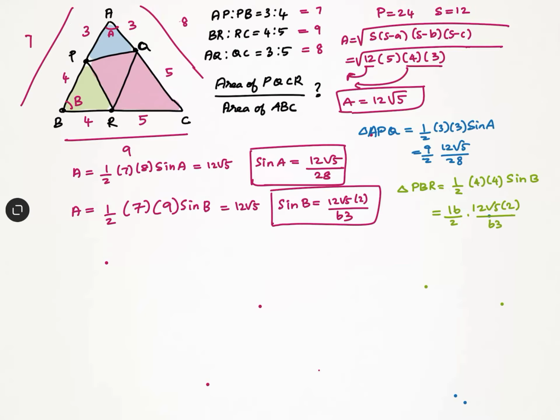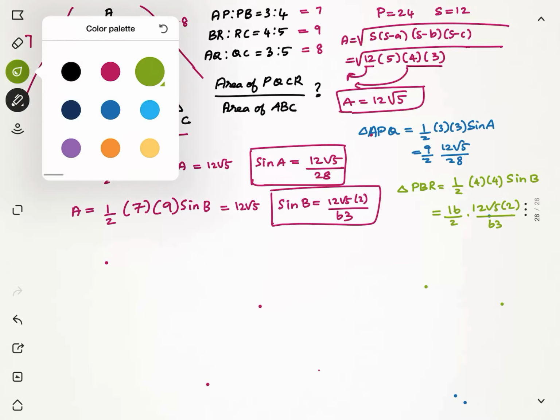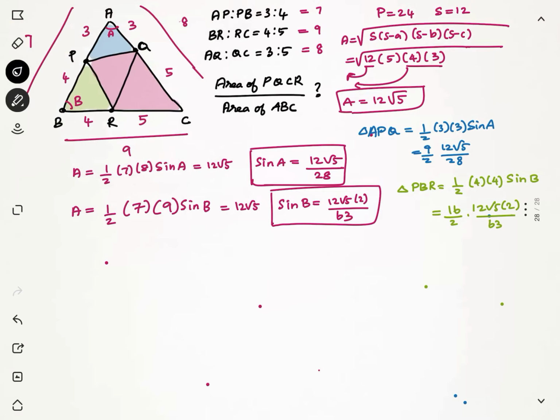Now what I am going to do is, instead of finding the pink color area divided by entire ABC area, I am going to find this blue plus green color area by entire triangle area, and from that fraction, if I subtract that fraction from 1, I will get the remaining fraction.